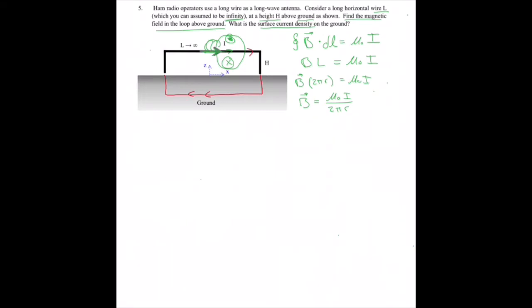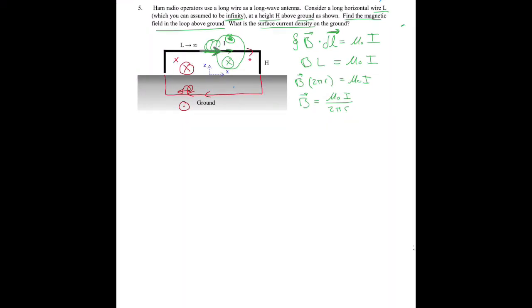So with that being said, our image current is going to the left. Again, if we point our thumb that way and use our right-hand rule, our fingers curl around. So again, on the inside here, our magnetic field will be going into the page, and on the outside here, it will be coming out of the page.